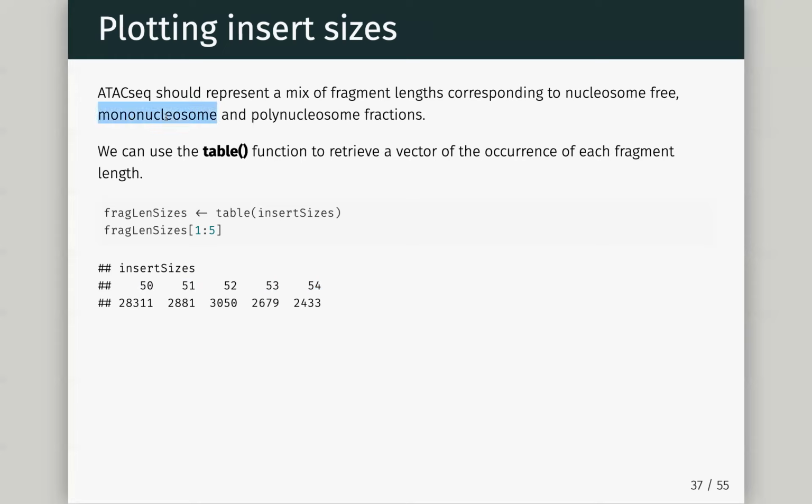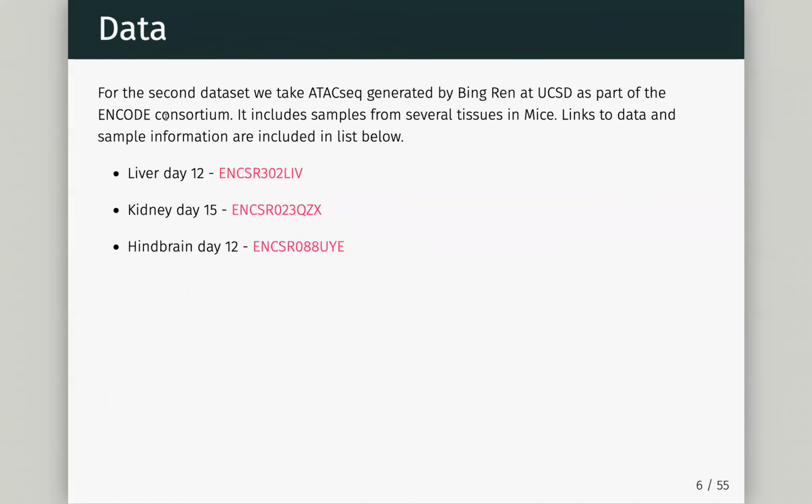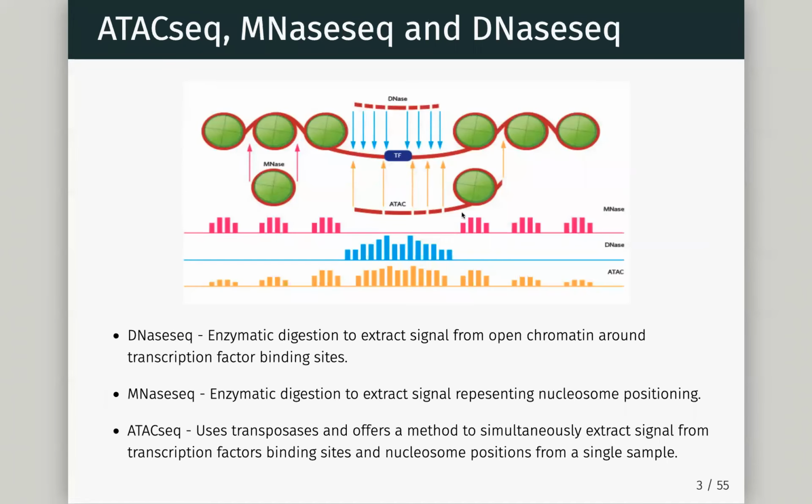But because we know ATAC-seq should represent mononucleosome in part, we would hope that we will be able to see a peak around the length of mononucleosome covering fragments. Sorry to keep hopping back and forward. But the distance around a nucleosome, I believe, is like 137, 147 maybe.